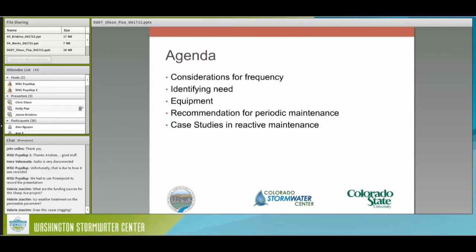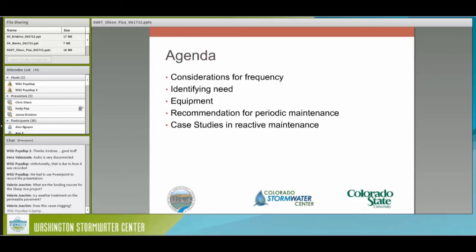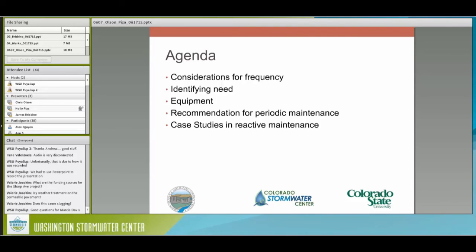And I'm going to talk about the considerations for how frequently you maintain permeable pavement. A lot of that is dependent both on the type of pavement as well as site-specific considerations. I'm going to talk about how you identify need for maintenance and some of the equipment that may or may not be available to you for maintenance of permeable pavement.